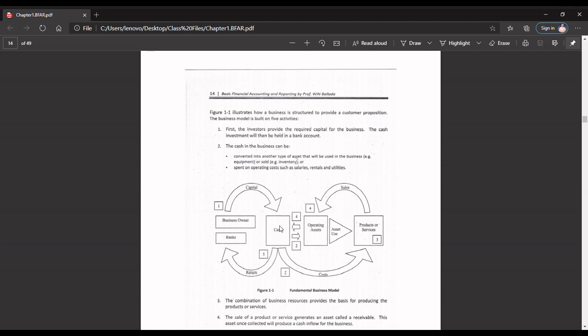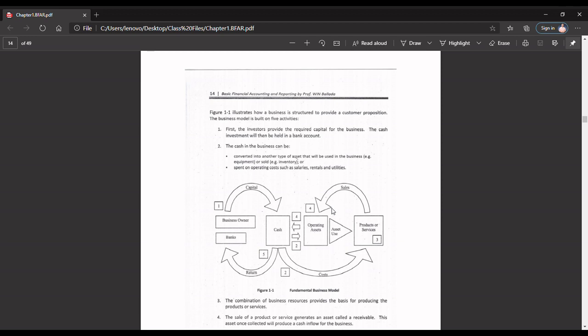which in return is kept in banks or maybe used in products or services, which in turn makes sales, and from those sales we have what we call receivables. Receivables are, as the name suggests, receivable from customers, meaning they did not pay yet, but we will receive the payment in the near future.